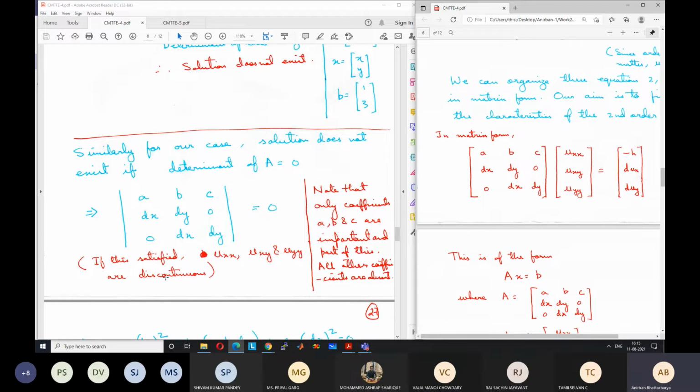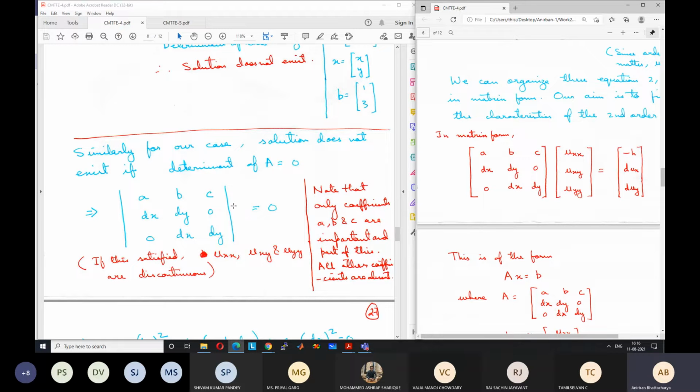This condition will be satisfied only at certain points, and if we find the location of those points, we know that at those points the determinant is 0 and uxx, uxy, and uyy do not exist or are discontinuous. Those points will constitute lines which we will call characteristic lines.